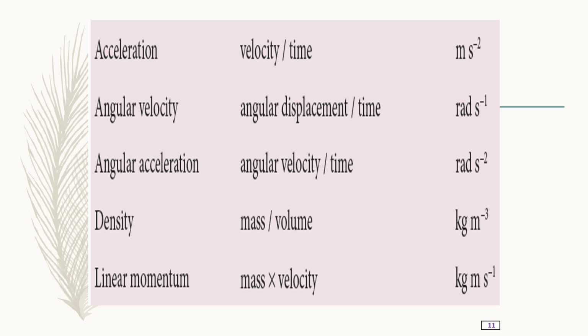Density, the formula is mass by volume. So mass we'll measure in kilogram and volume is meter cube. So we'll write kg m power minus 3. Linear momentum is mass into velocity. So the mass is kg and velocity unit is meter per second. So substituting, linear momentum will be kilogram meter per second.